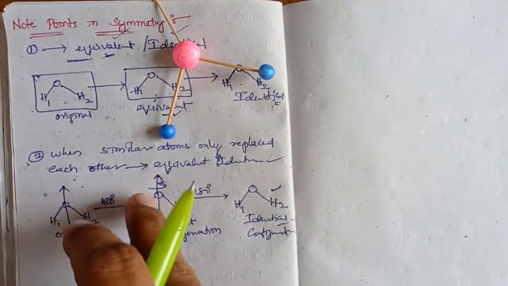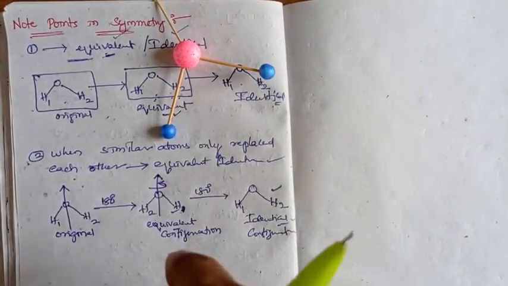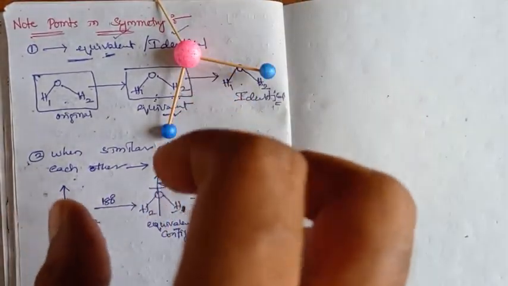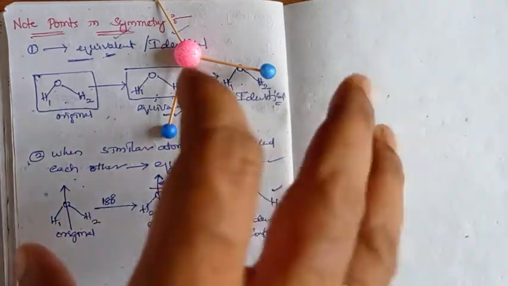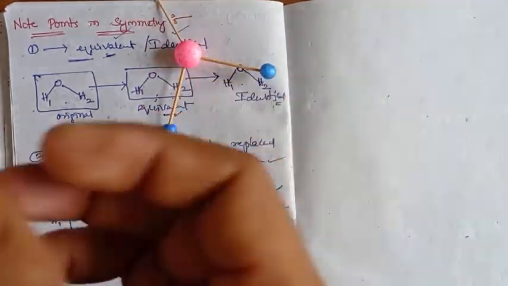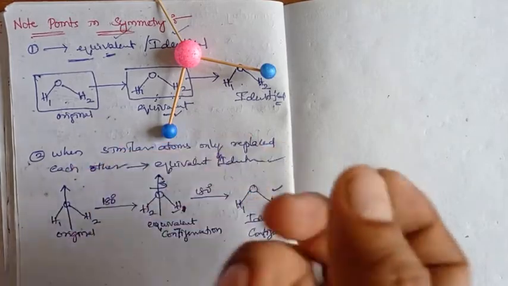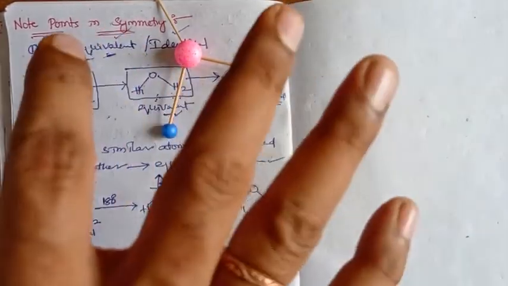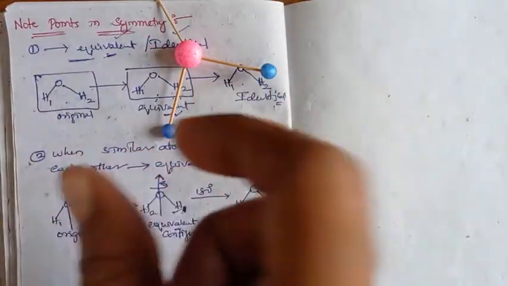So this is what we have to observe every time we do symmetry operations on a molecule: whether the operation generates an equivalent or identical configuration or not.